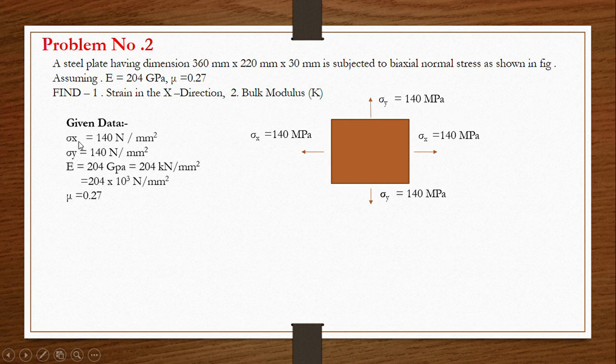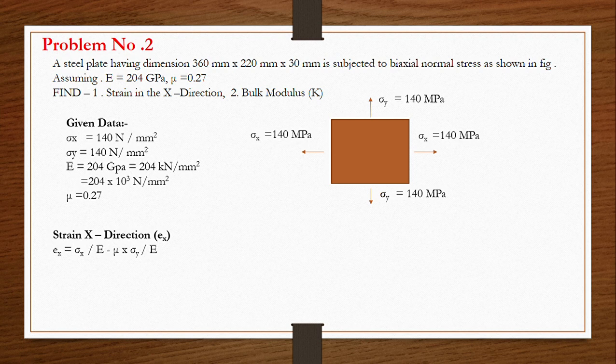The value of sigma x is 140 Newton per mm square, sigma y is equal to 140, the same as it is, and the value of E is 204 gigapascal, that means 204 into 10 raised to 3 Newton per mm square, and the value of mu is given as 0.27.